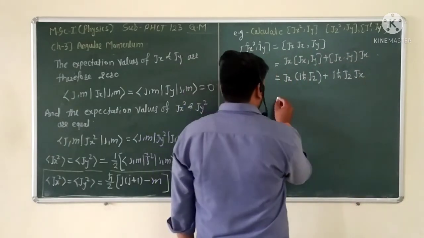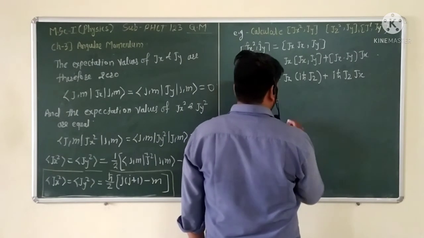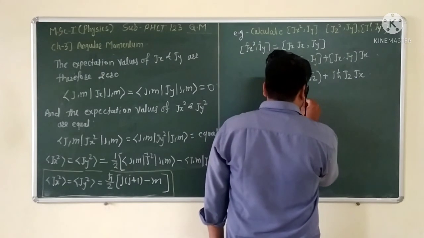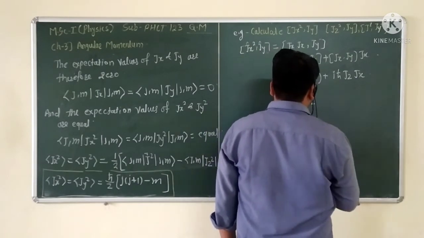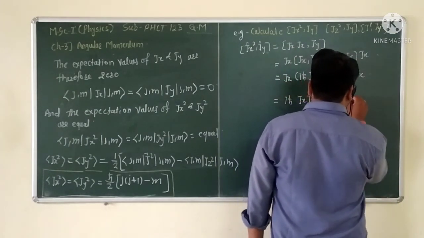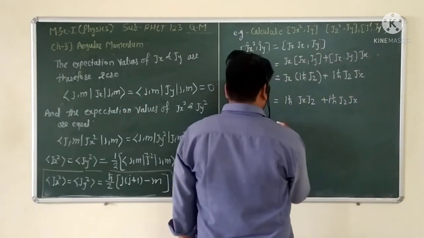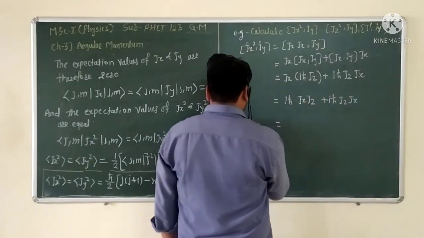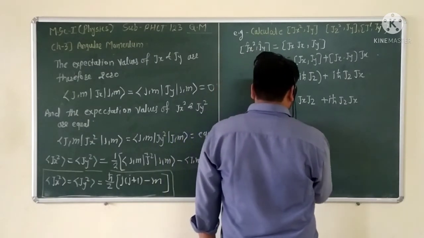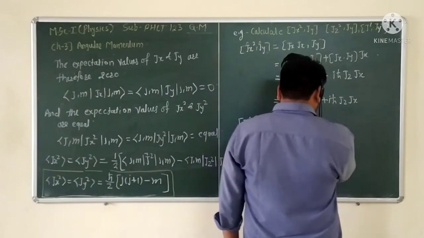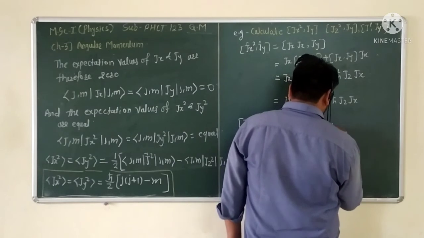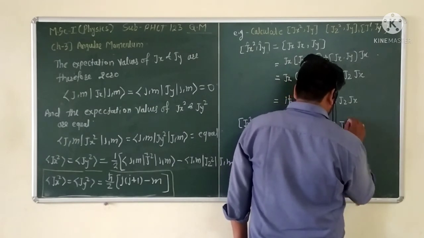If we solve this, it is iħ JxJz plus iħ JzJx, and the final result of [Jx², Jy] is iħ taken outside in bracket, (JxJz + JzJx).